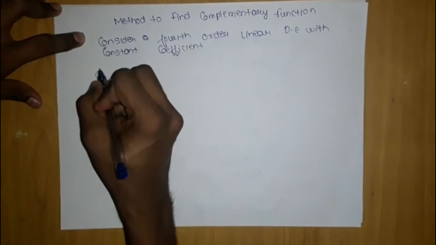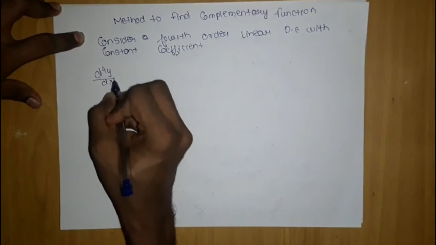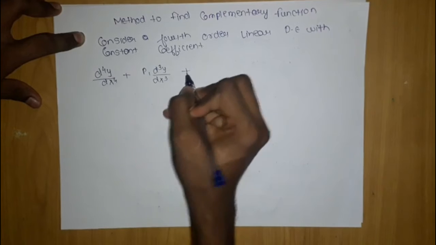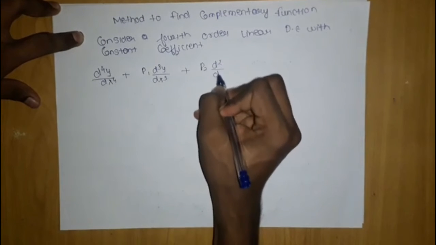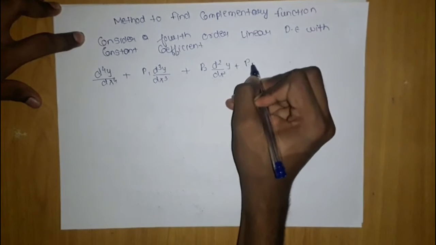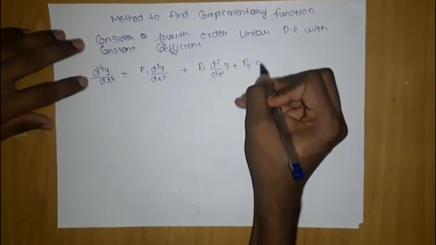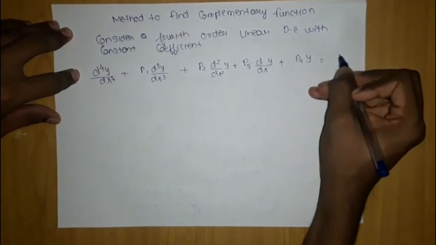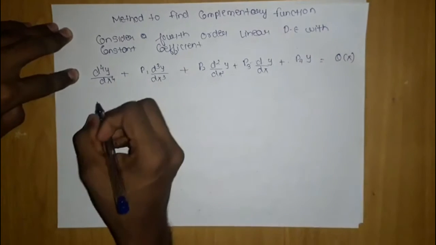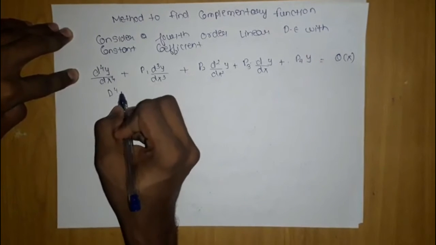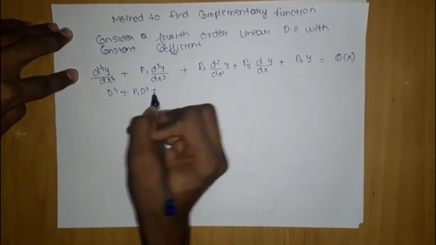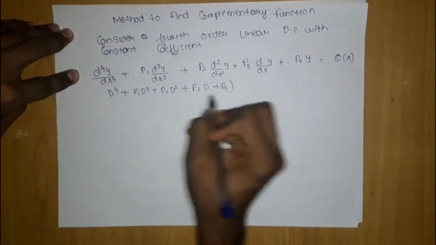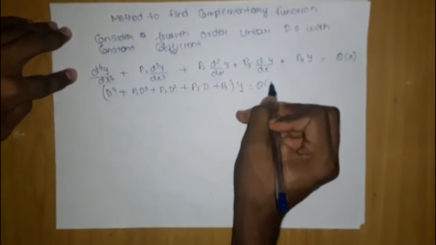So what you are having, d power 4 y by dx power 4 plus p1 d cube y by dx cube plus p2 d square y by dx square plus p3 dy by dx plus p4 into y equals Q of x. Just take the y outside and replace this by d. So this will be d power 4 plus p1 d cube plus p2 d square plus p3 d plus p4, and this whole into y equals Q of x.